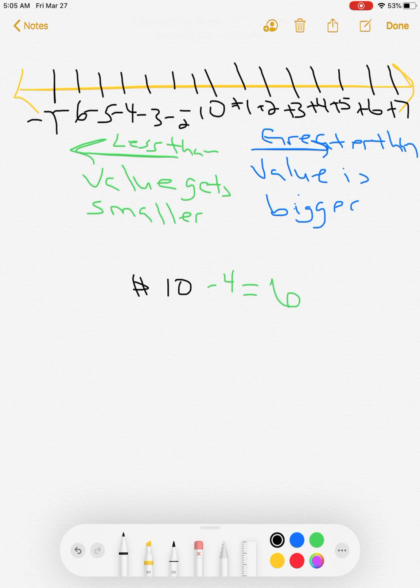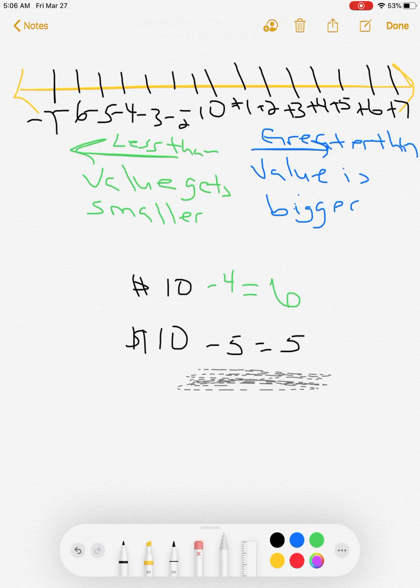6. Good. But what if we had the same $10? Okay. And I had to add a negative integer, which is just like subtraction. Okay. And I would subtract a 5, or add a -5 here. 10 minus 5 equals 5. I have less money, okay, when I subtracted the integer.